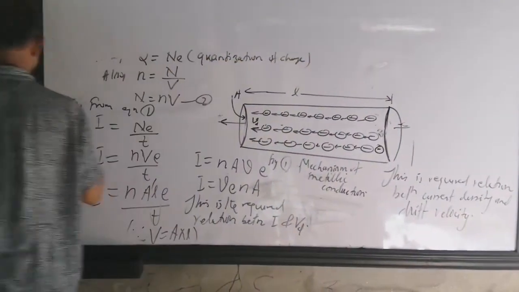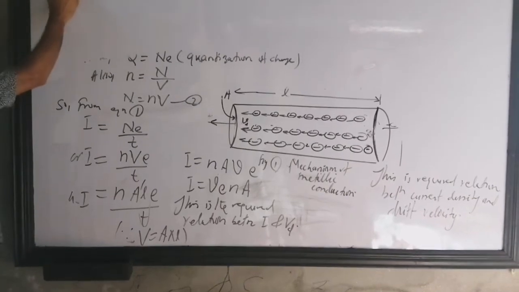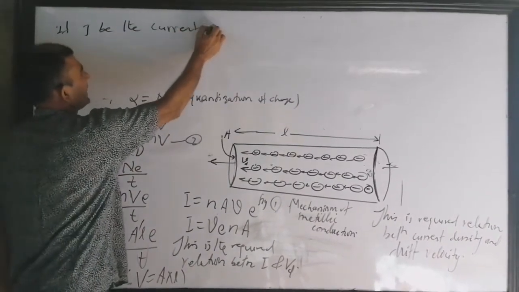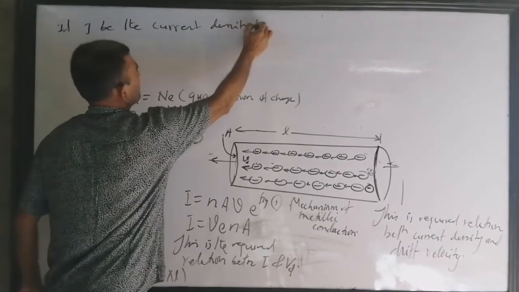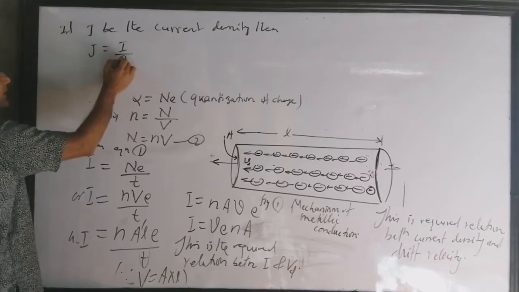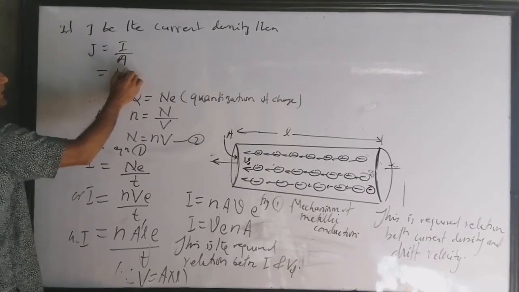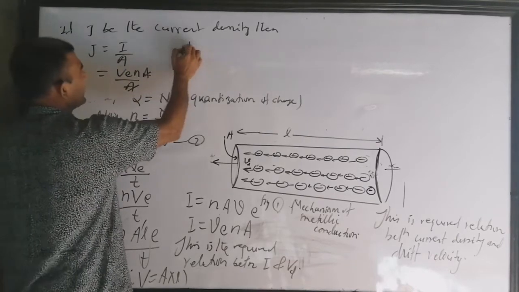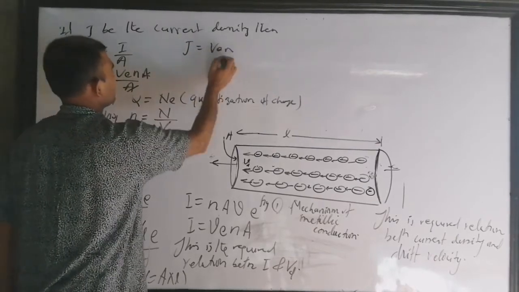Let me write. If J be the current density, then we can tell J equals I upon A. You know, I just derived n e A Vd upon A, so A cancels and we get J equals n e Vd.